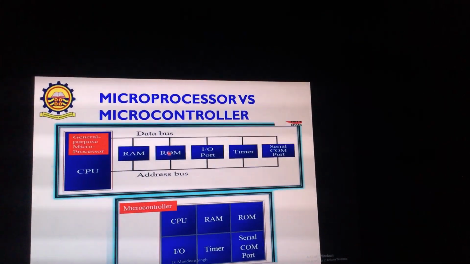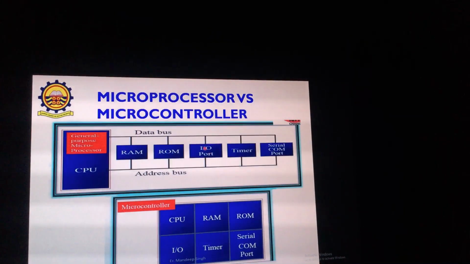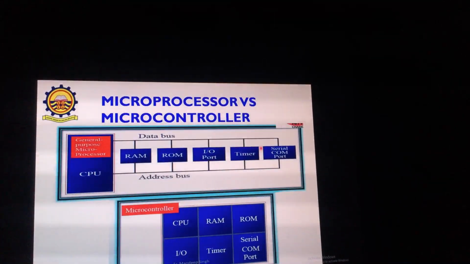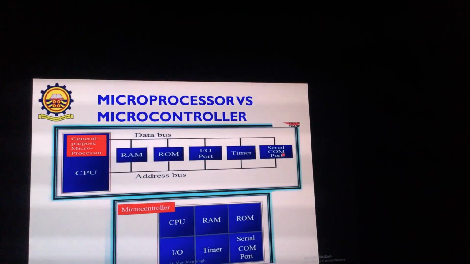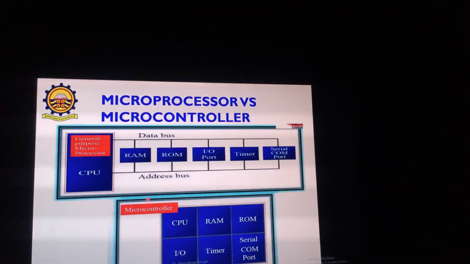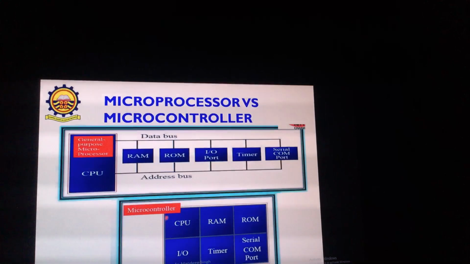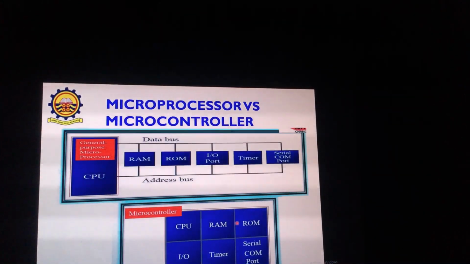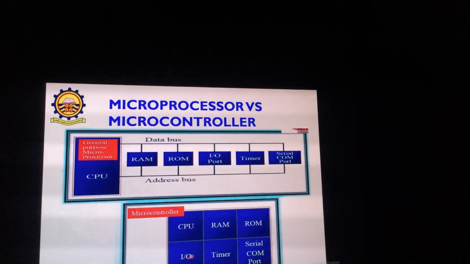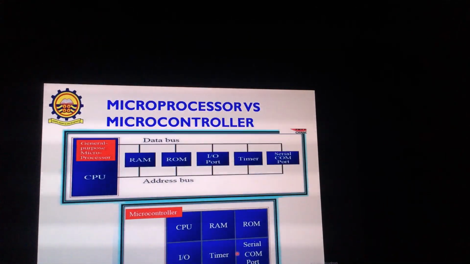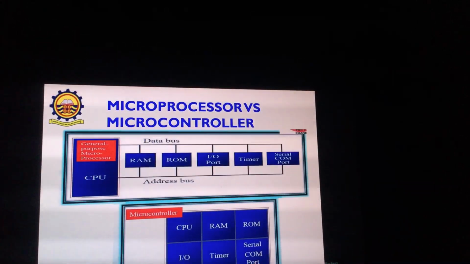Therefore we have the RAM, the ROM, the input output ports, the timer, and then the serial COM port. Comparing it to the microcontroller, it also has the CPU, RAM, ROM, I/O, which is the input output, a timer and a serial COM port.